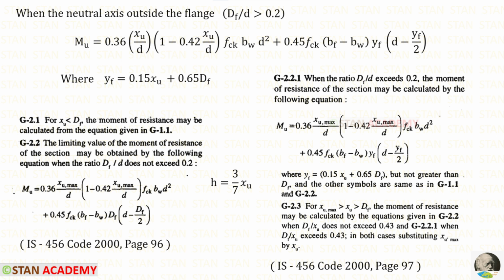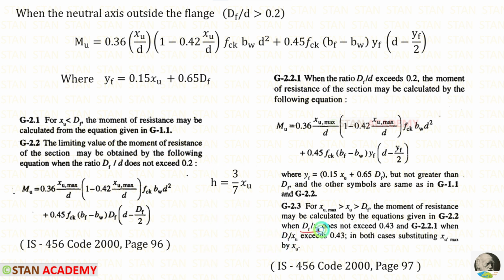But there is one more subdivision: when Df upon xu does not exceed 0.43 and when that exceeds 0.43. Initially, we have made this relation. Let us assume that y reaches Df. So we can write Df is equal to 3 upon 7 xu. Then Df upon xu will be 3 by 7. That one we can approximately take 0.43.